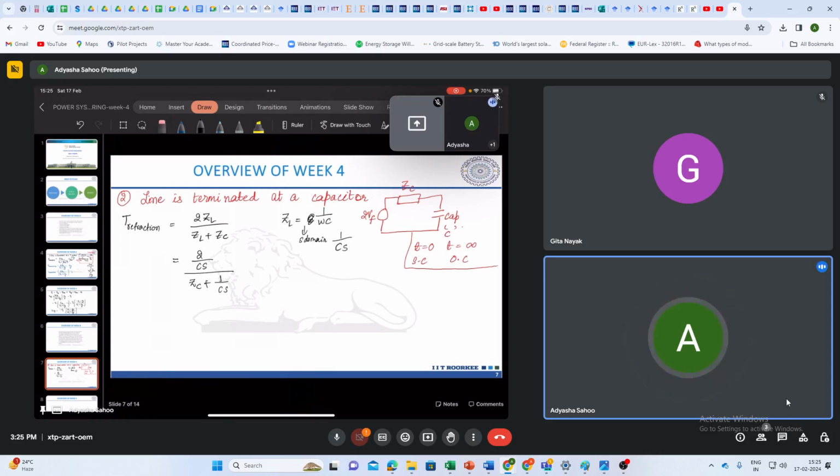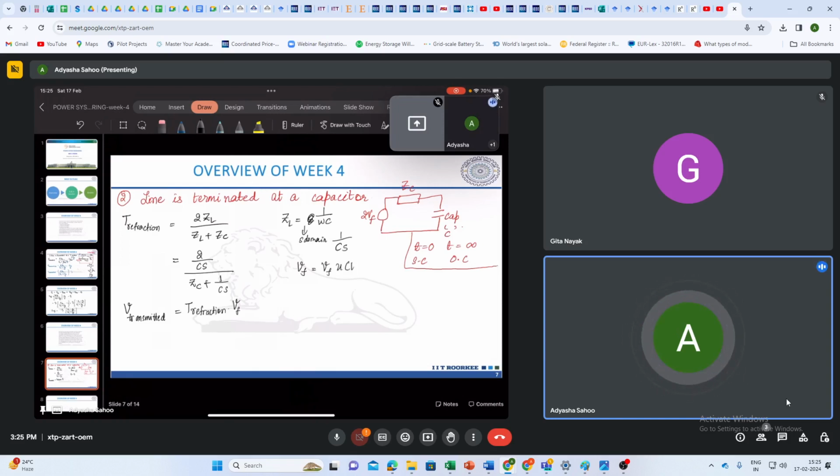Now let's say I have to calculate this V transmitted, basically V refracted. That is the coefficient of refraction multiplied by your V incident, or V forward. Here we are considering that this VF is a step voltage.